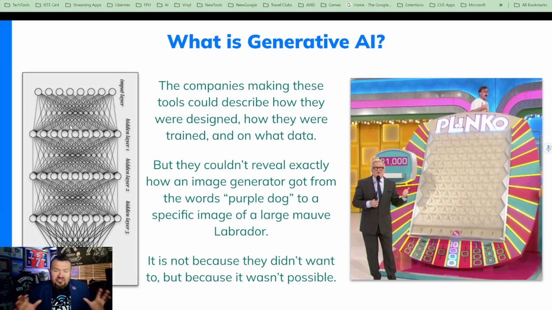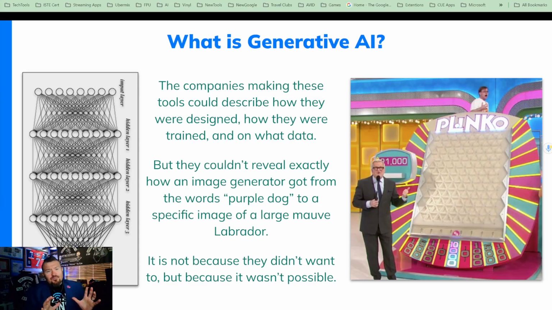That is how these machines work. Every layer is like going through a neural pathway, making a decision of which other neuron it should hit until it finally comes out with an answer, with an output. That is how these devices work.